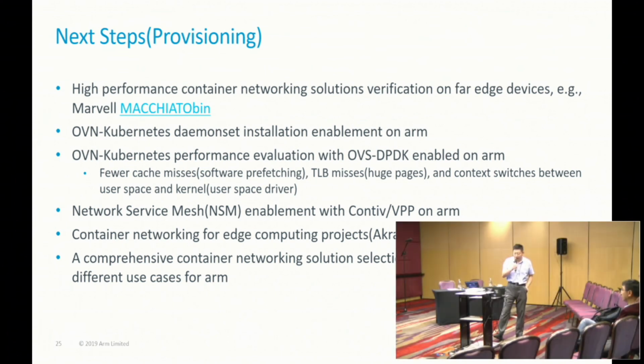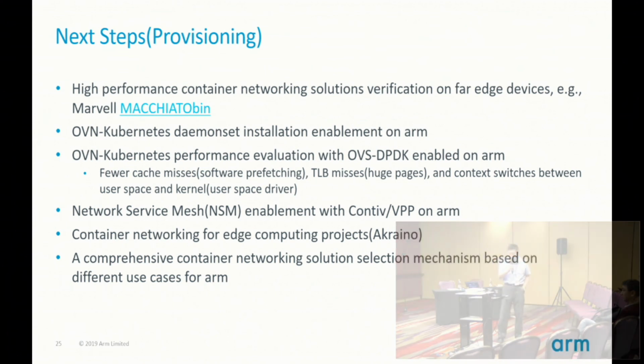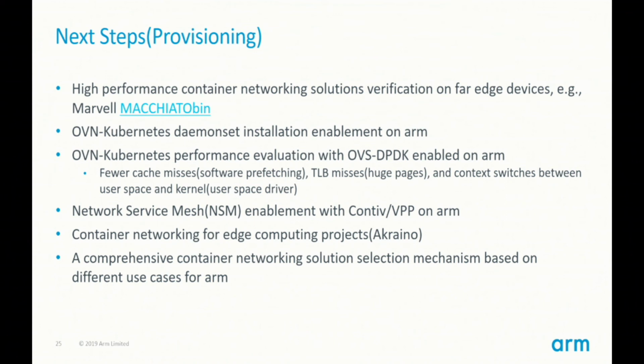For next steps, we are thinking about high-performance container network solution verification for far edge devices, such as MACCHIATObin and some of the small boards. In the future, we would like to enable something like Kubernetes Edge. For OVN-Kubernetes, the daemon set installation is not okay on ARM these days, so we would like to enable an easy daemon set installation on ARM.